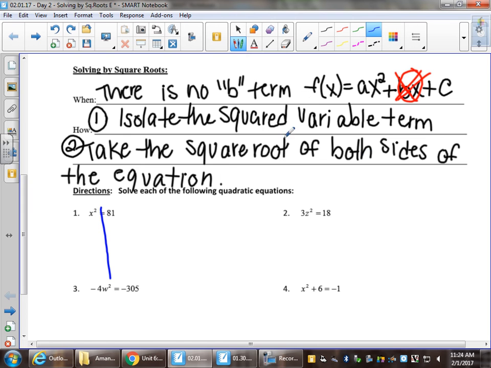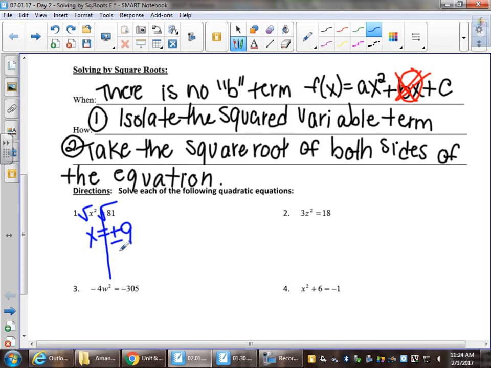Take the square root of both sides of the equation. So what am I going to do? Square root both sides. And you're left with what? What do you have to also write here? Plus or minus. Good.